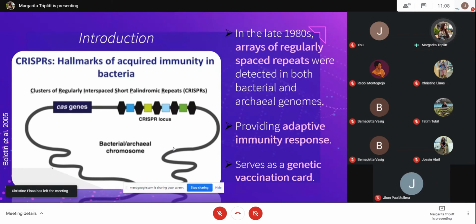This mechanism also allows organisms to record over time, like a genetic vaccination card. So it serves as an adaptive immunity response for these microorganisms such as bacteria and archaea. CRISPR has an associated protein, which is commonly Cas9.